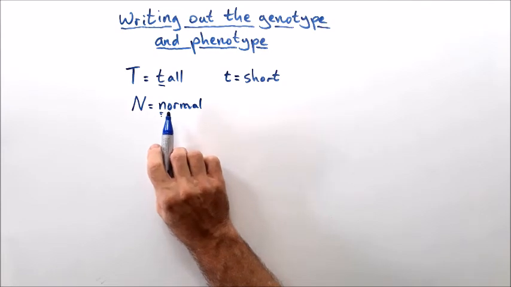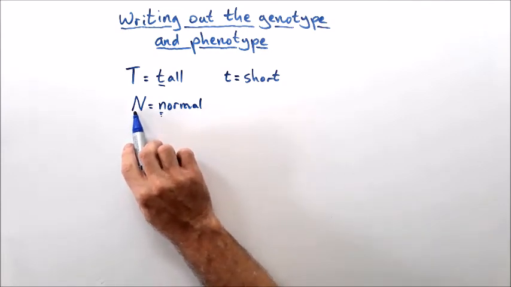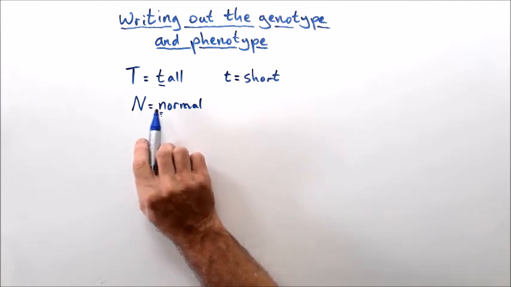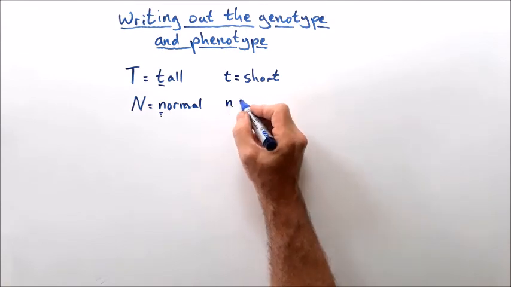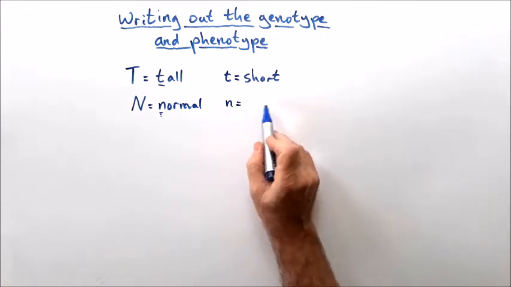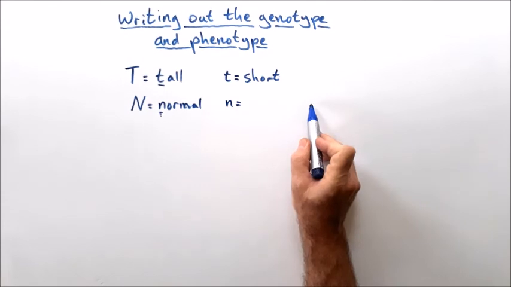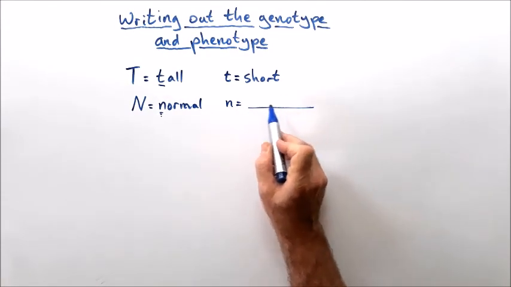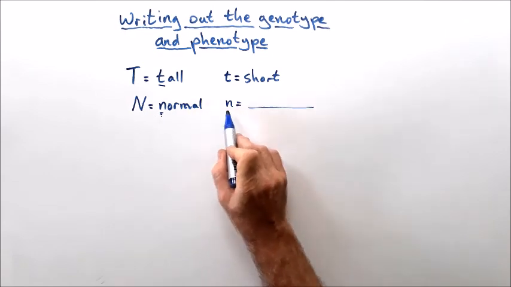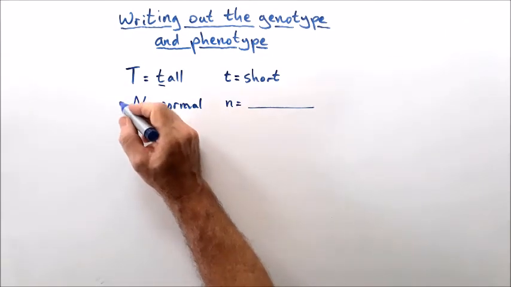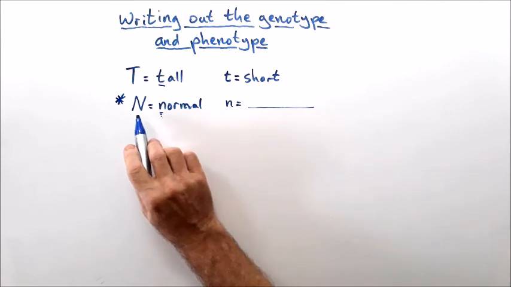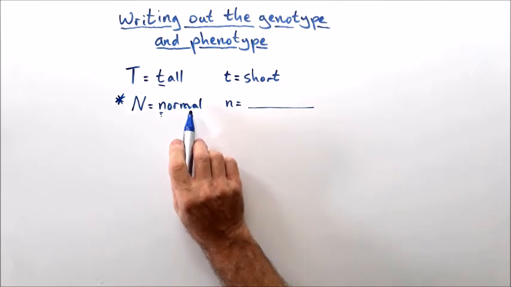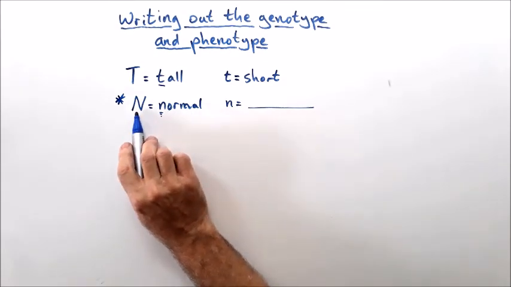It is not the dominant gene. The dominant gene is the normal condition. So choose a capital N. You can't go wrong. N for normal, if it is dominant. And then the recessive would be the lowercase. And this could be hemophilia, red-green colorblind, whatever the recessive gene is to the normal condition is lowercase n. So normal is like your go-to condition. If it's dominant, you just assign it the letter N.